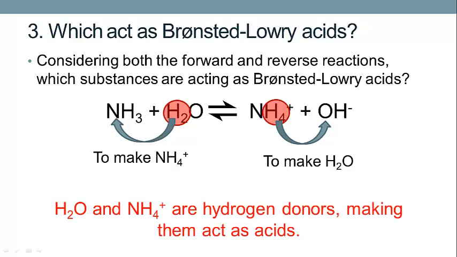So these are both hydrogen donors. If we look at the forward reaction, water donates a hydrogen to NH3, and if we look at the reverse reaction, NH4 donates a hydrogen to OH minus. So because they are hydrogen donors, they're both acting as acids according to the Bronsted-Lowry definition. In Bronsted-Lowry, bases are going to be hydrogen acceptors.